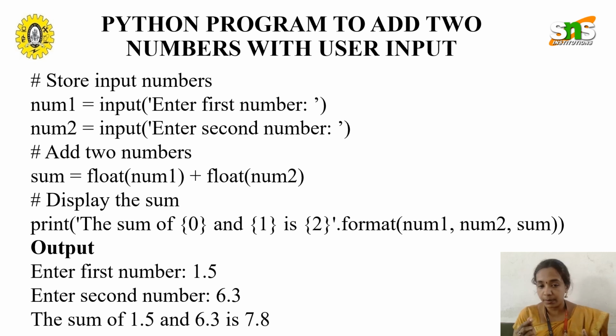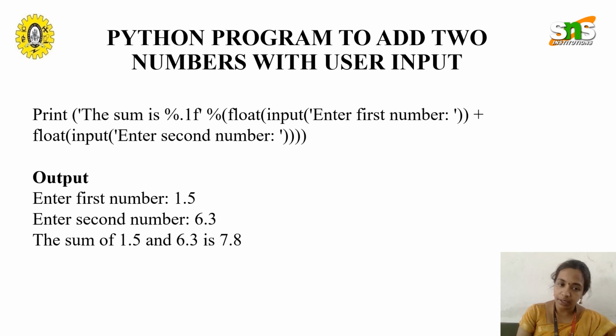So that will be displayed inside this bracket 1 and the output value will be displayed inside curly bracket of 2. So I am doing dot format num1 comma num2 comma sum. So this is another method to add two numbers with user giving the input.